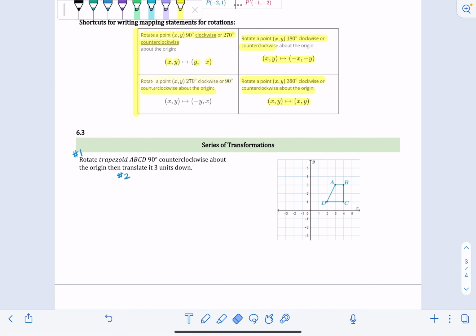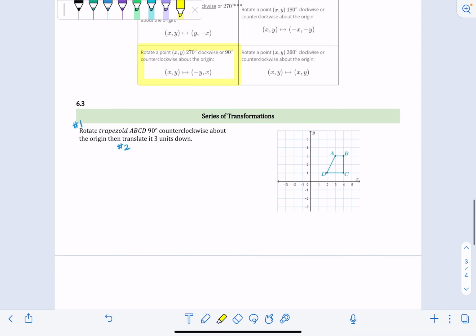So we're going to rotate 90 degrees counterclockwise. For 90 degrees counterclockwise, that was this one. So we can use that mapping statement just to get our new points. I'm just going to write it down here so that I can zoom in and reference it a little bit easier.